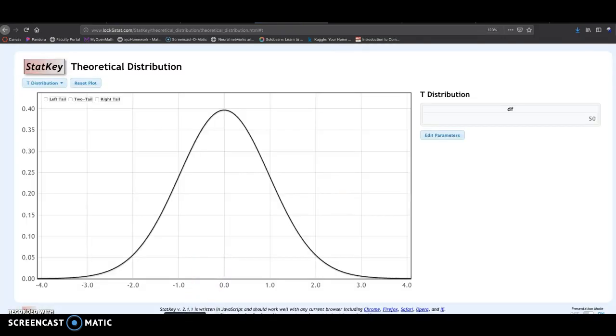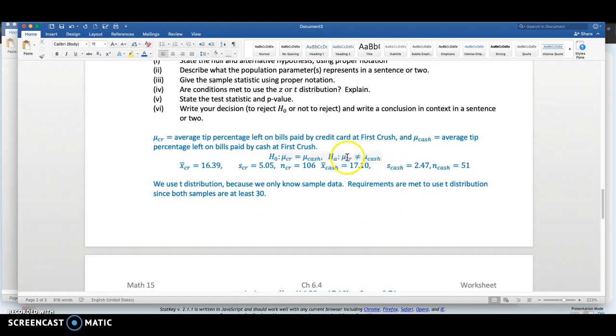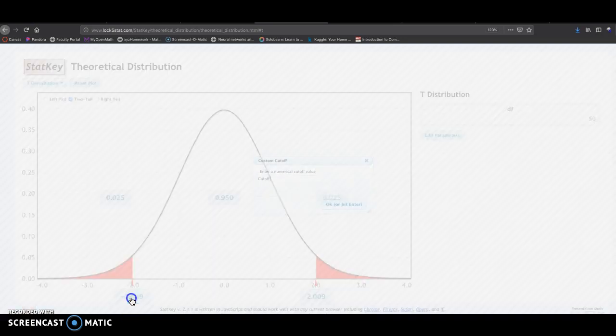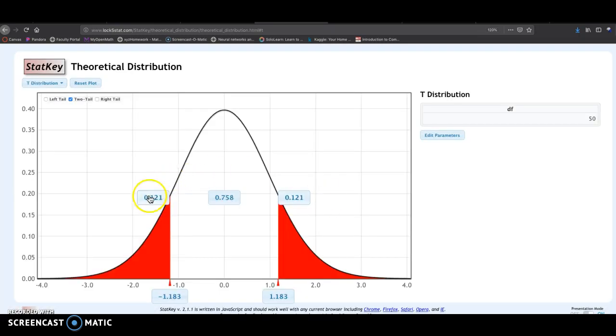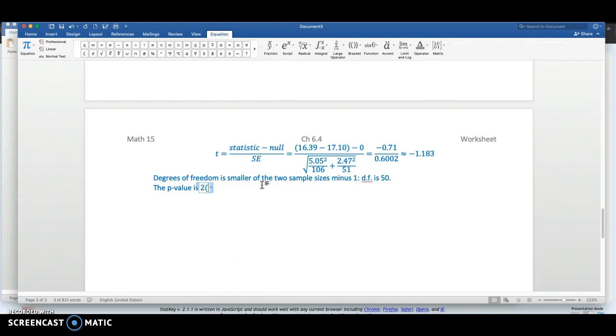Make sure I have it right, 50 degrees of freedom, minus 1.183. This is a two-tail test, so I'm going to click two-tail. On the negative side, click minus 1.183. Click OK. And the two-tail is going to be adding up both of these probabilities, 0.121 plus 0.121. Or we could say it's 2 times 0.121, which is equal to 0.242.